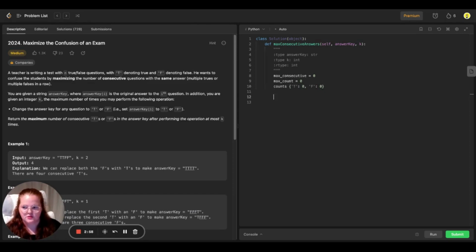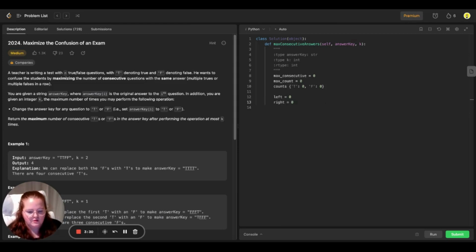Then we need to set 2 pointers, I think. So we need to set a left and a right that both initially point to the first character, right? So let's say left, right, and we should have those both be 0.